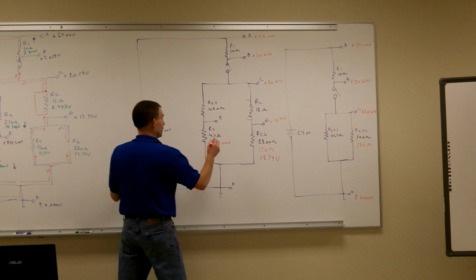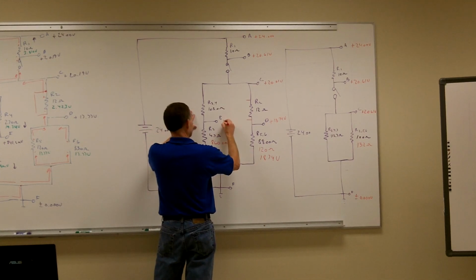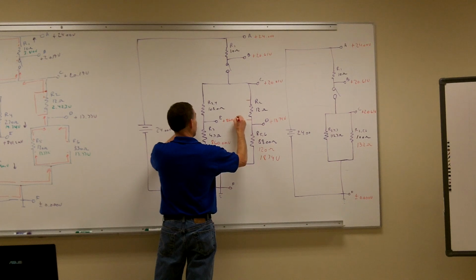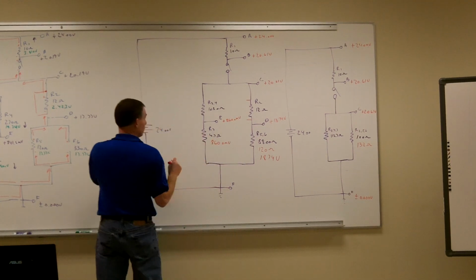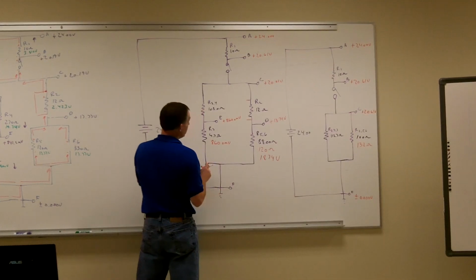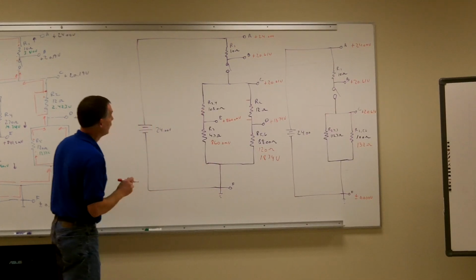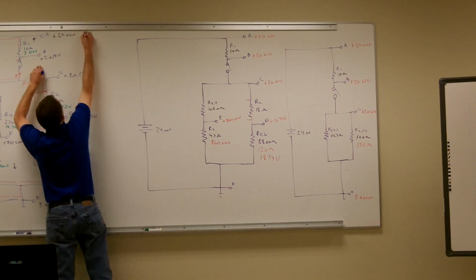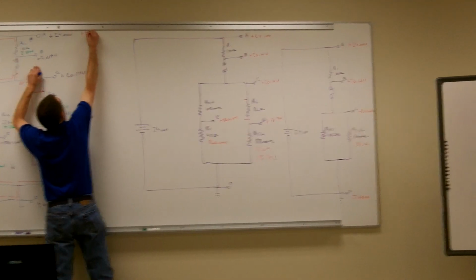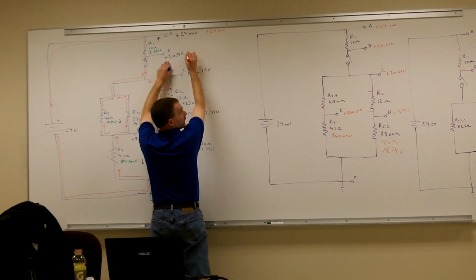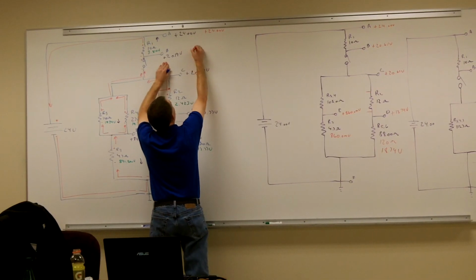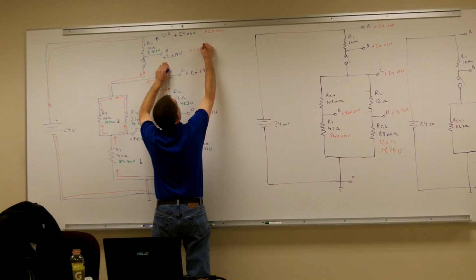Okay, so now test point E is going to be positive 860.0 millivolts. All right, and we have all our new test points, so we know that our new test point A is 24.00 volts. Test point B is going to be 20.61 volts.